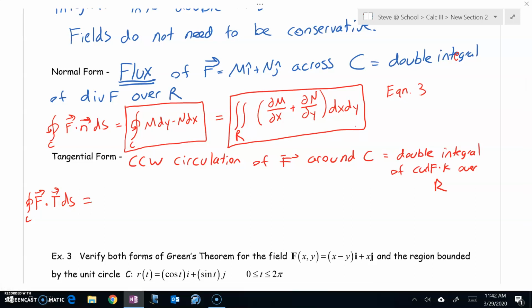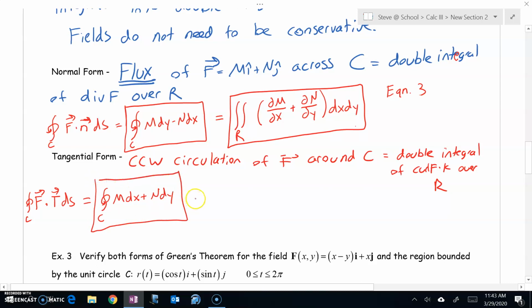But the form you also might see it in is the line integral around the curve of M dx plus N dy. So if you see this, it is counterclockwise circulation.